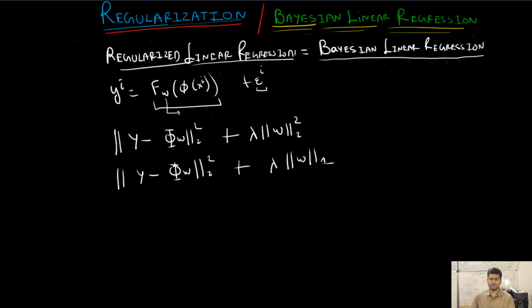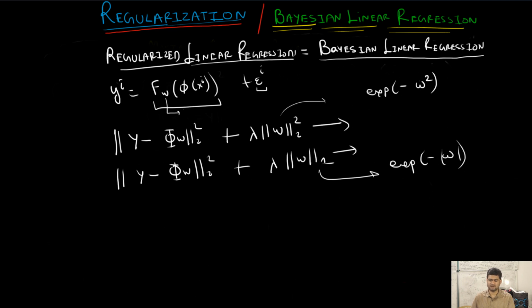So both of these, as we have seen in the previous part, both of these norms have a tendency to decrease the value of w, to regulate the value of w, right? So for example, in this particular case, in case of a scalar variable, we have exp of negative of w squared, and in this case we have exp of negative of absolute value of w, the Gaussian prior and the Laplacian prior.